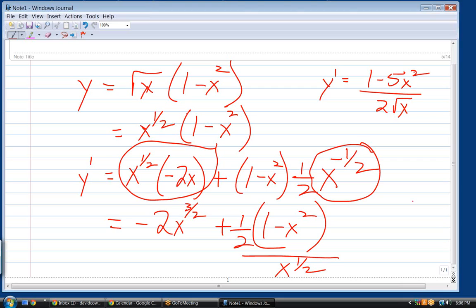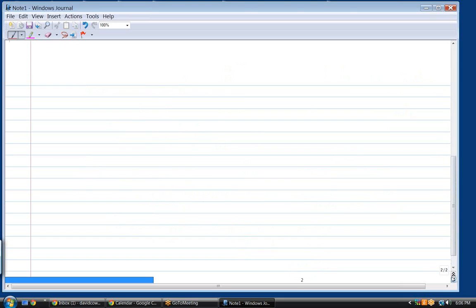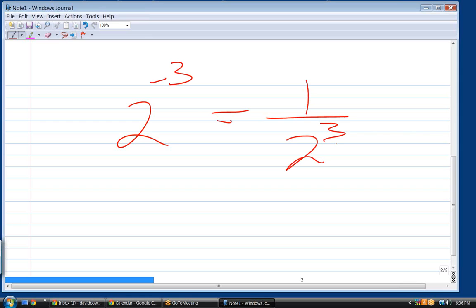Oh, okay. Let's just go over that. 2 to the minus 3 is equal to 1 over 2 to the 3. That makes sense. If you have 1 over 2 to the minus 3, that'd just be 2 to the power 3. Exactly. Whenever you take it to the other side of the fraction bar, change the sign on the exponent.